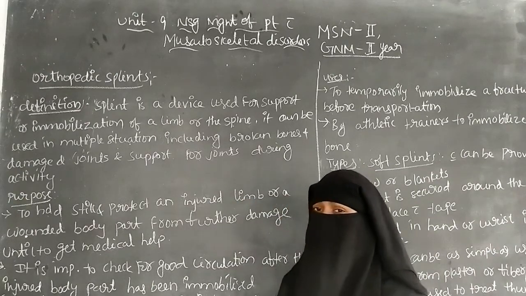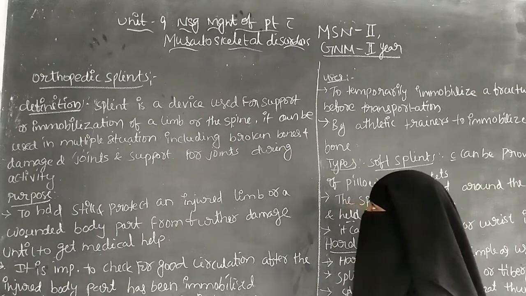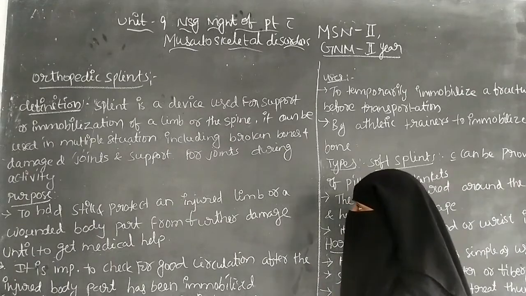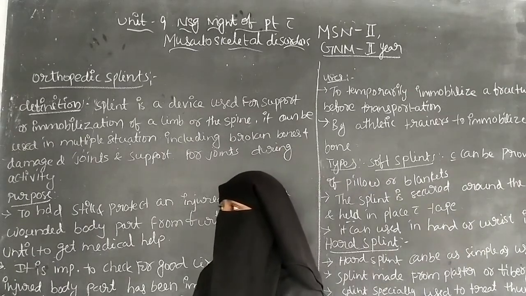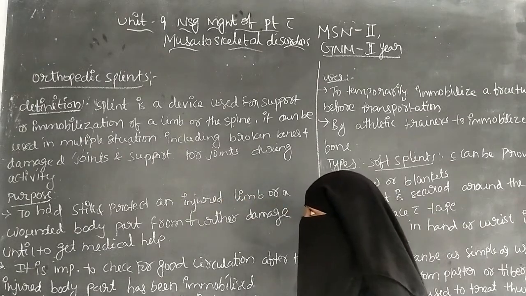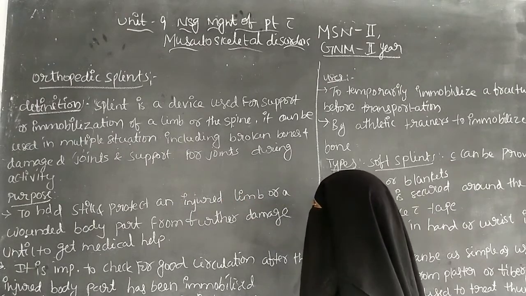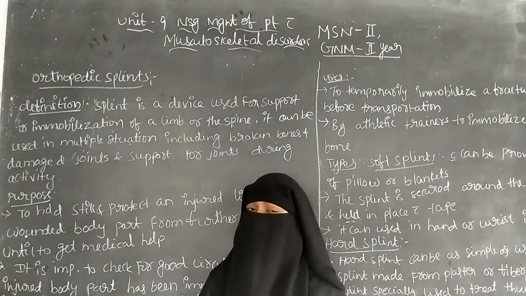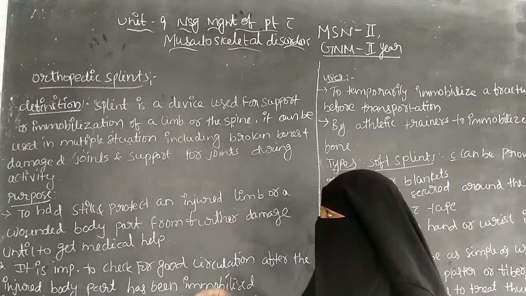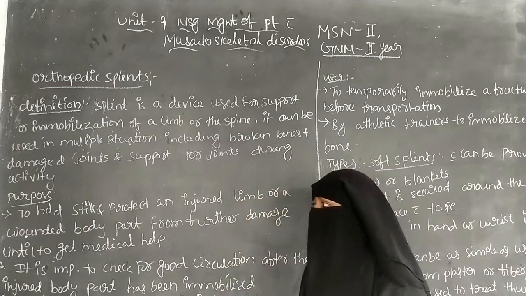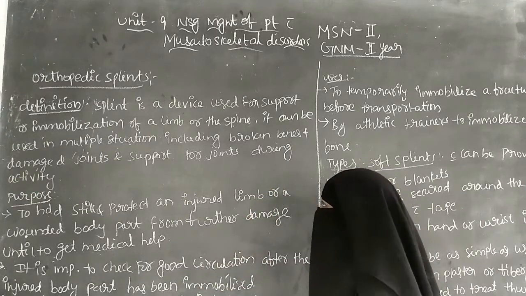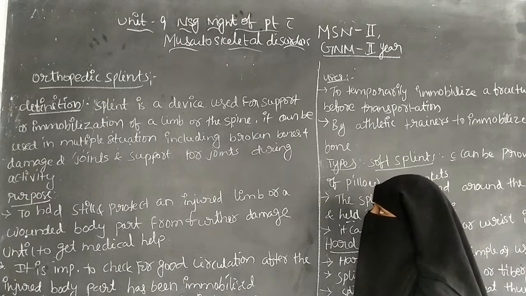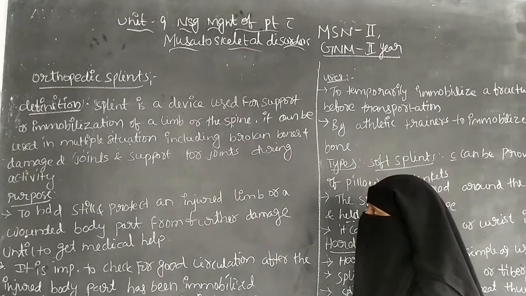The splint is mostly used in situations like broken bones, fractured bones and damaged joints, and for support of the joint during activity. With the splint, a little activity can be done by the affected joint.